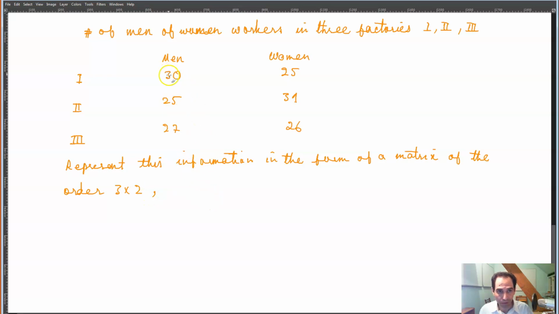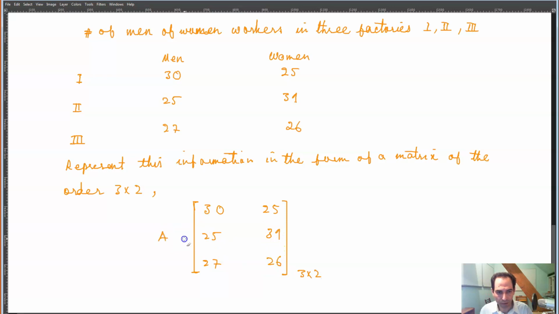You would write your information as it is in the table: 30, 25, 25, 31, 27, 26, and then you use the matrix notation or the brackets to show that, and then you have 3 rows and 2 columns, right?